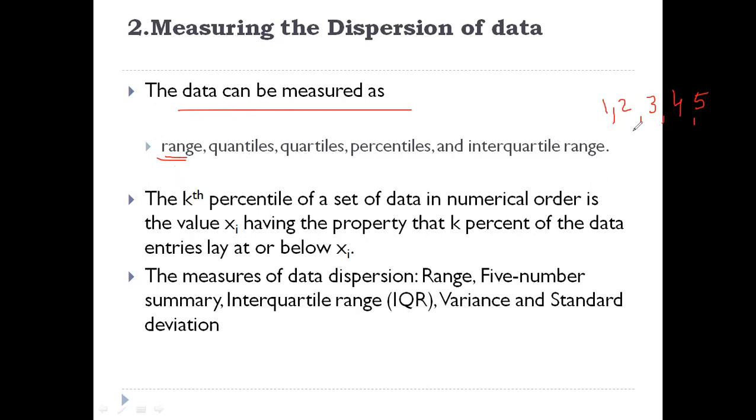Assume this is a given data set. Now how do we calculate the range here? Range equals the maximum value, or largest number. The largest number within this data set is 5, right? So 5 minus 1.